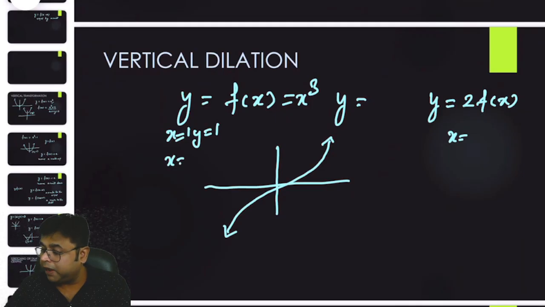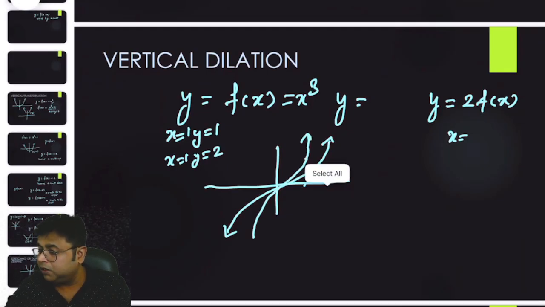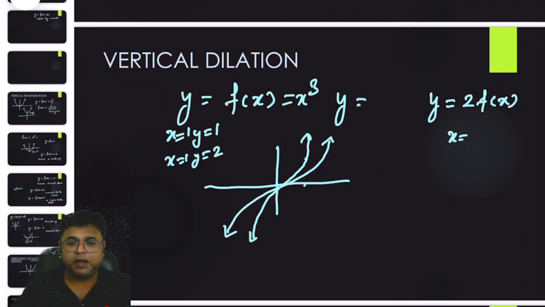Now at x equal to 1, y will be 2, that is 2 into 1. So the movement of the graph will be like this. It will move closer to the y-axis, by a factor of 2.